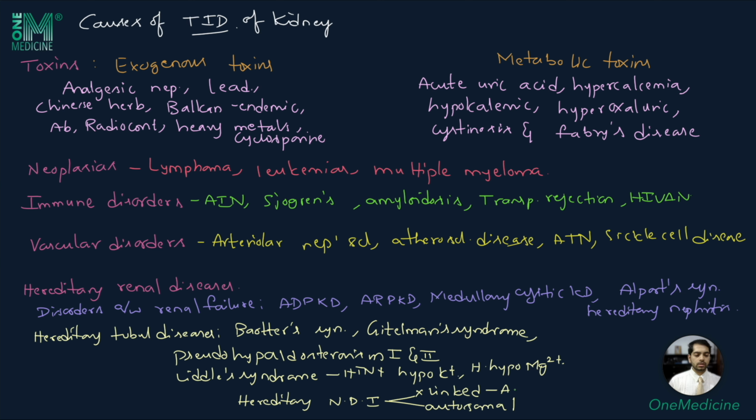X-linked is associated with AVP receptor dysfunction, whereas autosomal is associated with aquaporin 2 dysfunction.